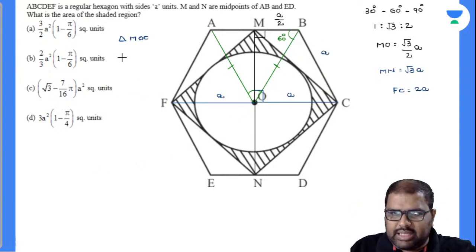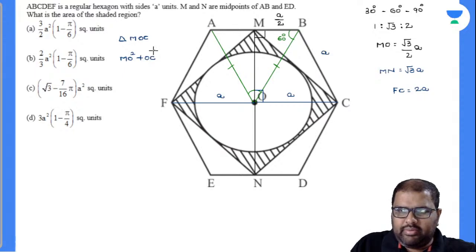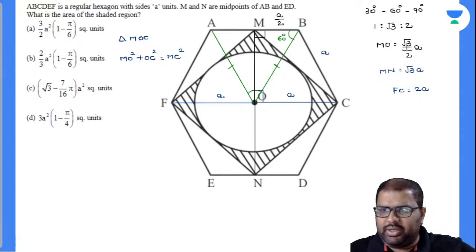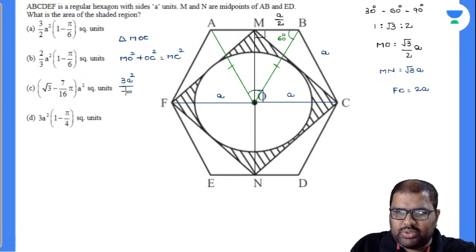So the perpendicular sides: MO square plus OC square is nothing but equal to MC square. So let's calculate this. MO value is nothing but root 3 by 2 A. So root 3 by 2 A squared means 3A square by 4, plus what is the OC square value?